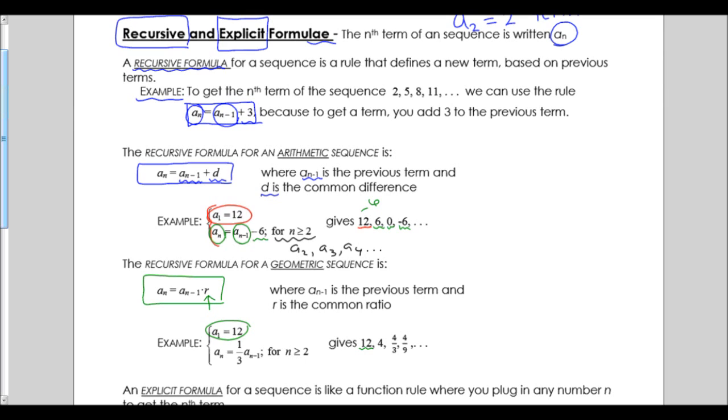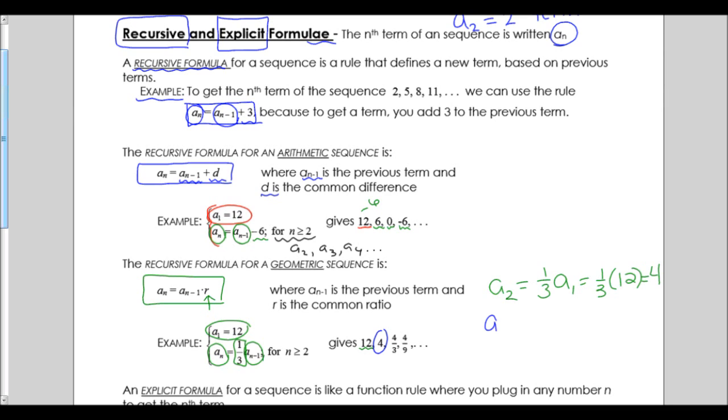Then in the next line of the formula, it says to get the next term, or the nth term, you're going to take 1/3 times the previous term. So if I wanted to find the second term, that's going to be 1/3 times the first term. Well, what was the first term? The first term was 12. So 1/3 of 12 is 4. And now I know that 4 is the next item in my pattern.